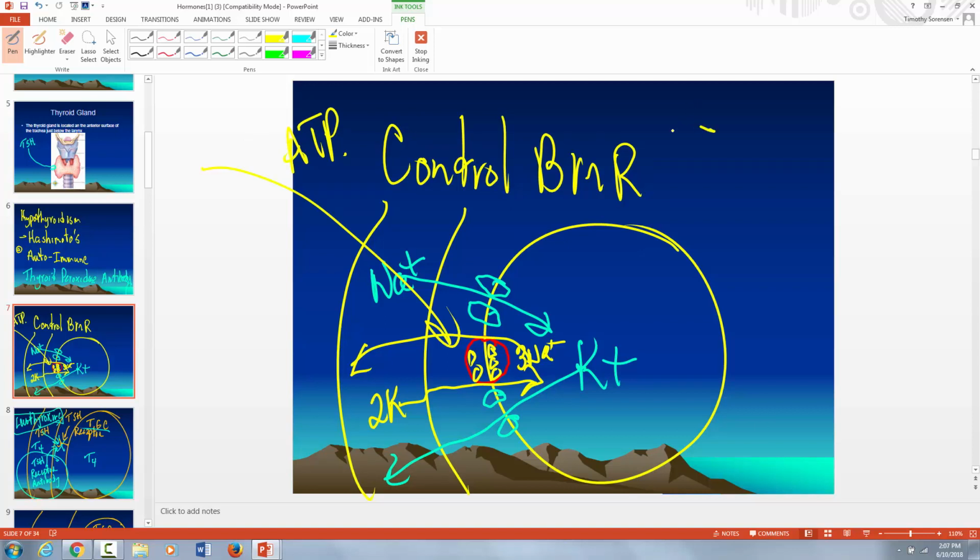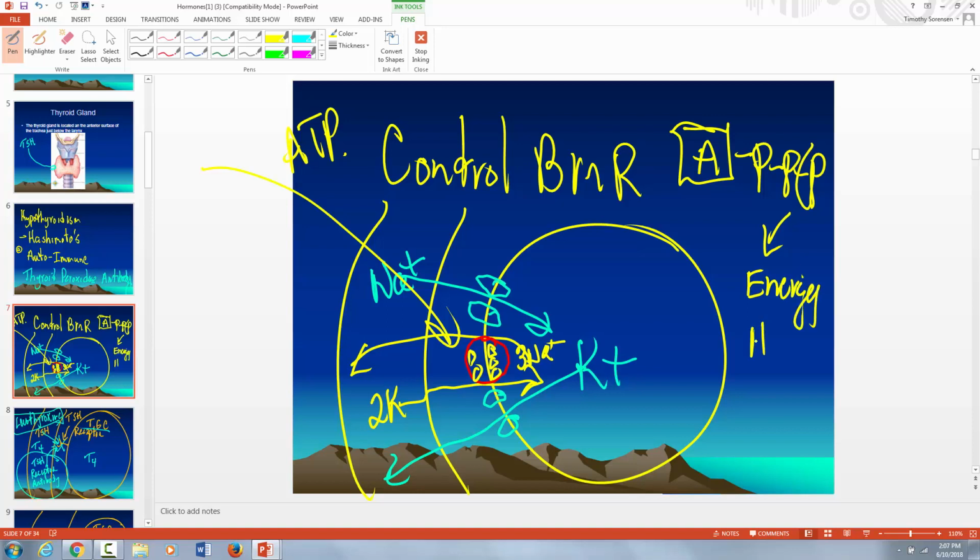Now, you also remember that when you have ATP, and to use it, you got to hack off that 3rd phosphate, and that's going to release some energy, but it's also going to release some heat. All right? Now, if a person is hypothyroid, then the cells become less leaky to sodium and potassium.